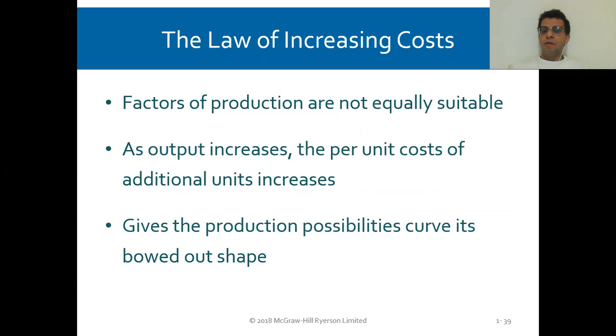Now, the law of increasing costs. The factors of production are not equally suitable. As output increases, the additional per-unit cost increases, giving the production possibility curve its bowed-out shape. So why do we have such a shape?